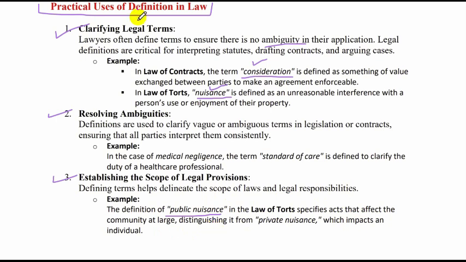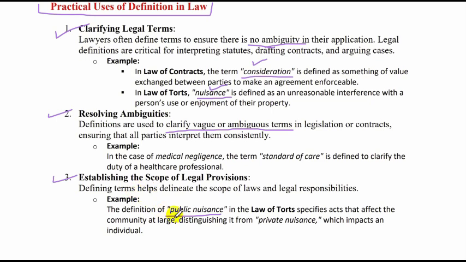So the three uses of definition that we studied are, first, we want to remove ambiguity, so that there is no ambiguity. Second, if there is ambiguity or a little confusion, then the definition further clarifies the vague or ambiguous term, so that all parties can interpret it consistently. Third is clearly defining the scope for that term.